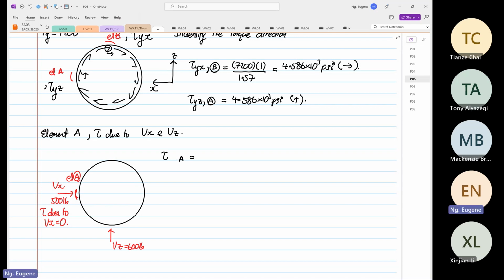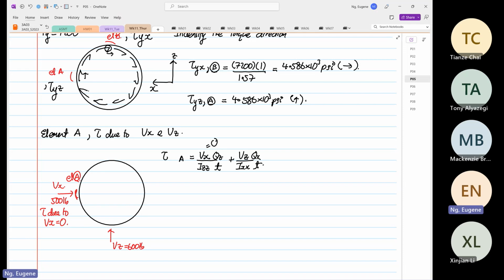So we know that it's equal to Vx over Izz Qz over T plus or minus, or for this case we just put a plus if the direction is opposite, Vz over Ixx Qx over T. Okay.